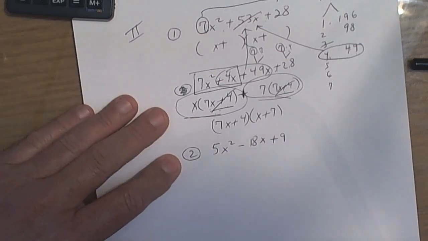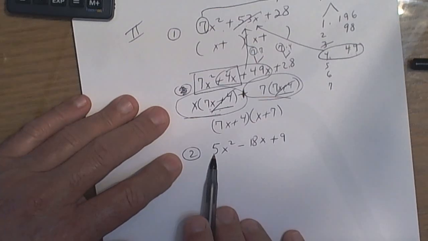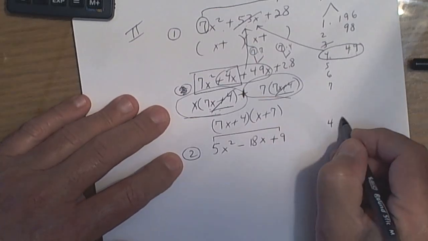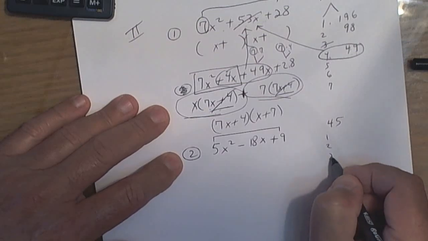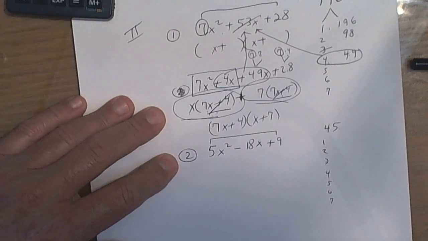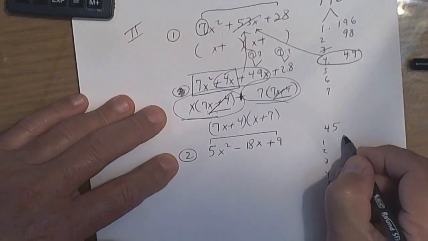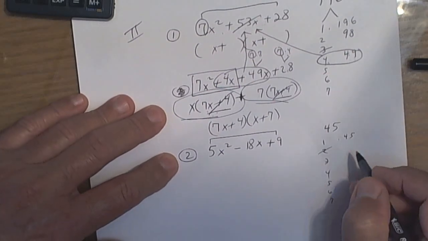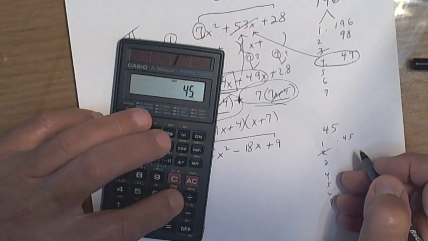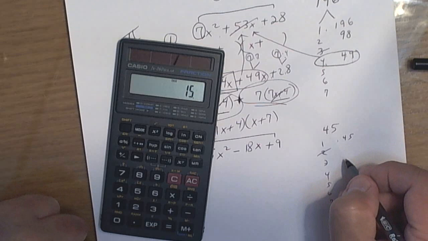Copy that down. All right, again, this is bigger than 1, so you're going to take 5 times 9, which is 45. And then you're going to go 1, 2, 3, 4, 5, 6, 7. So 1 times 45. 2 doesn't work. 3 does work. So 45 divided by 3 equals 15.